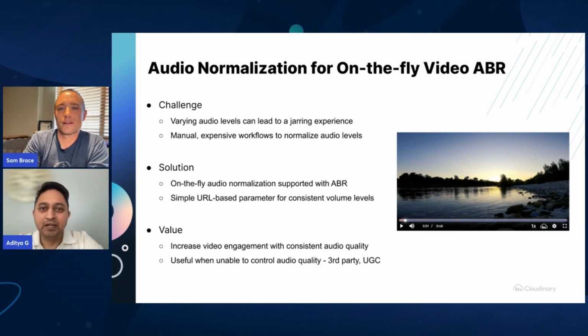Yeah, sure. So adaptive bitrate streaming, as you know, is all about adapting the video format and the quality based on the end user's device and internet connection. And we continue to make this feature really powerful by adding the ability to also on the fly adapt and normalize the audio quality of the video.